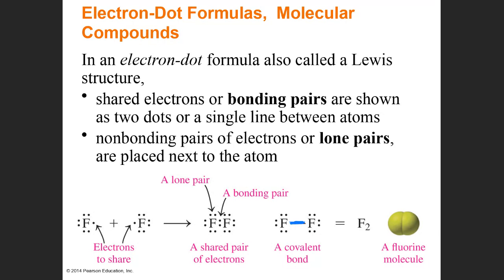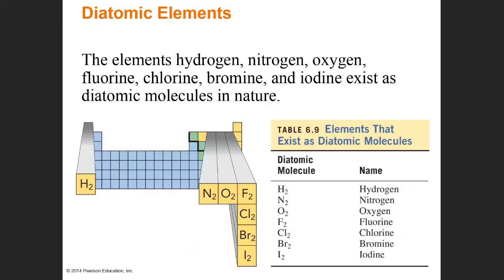So now, by sharing these two electrons with each other, they're completing that outermost shell and forming an F2 molecule. Now, these are examples of elements like hydrogen and fluorine that also form molecules consisting of a pair.